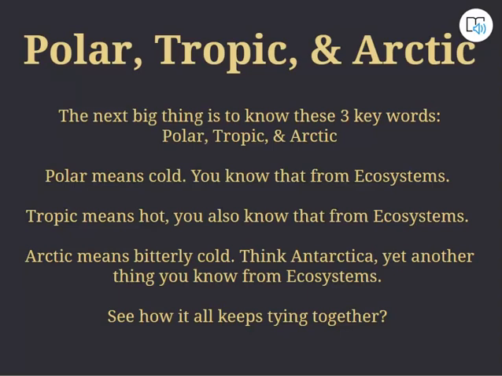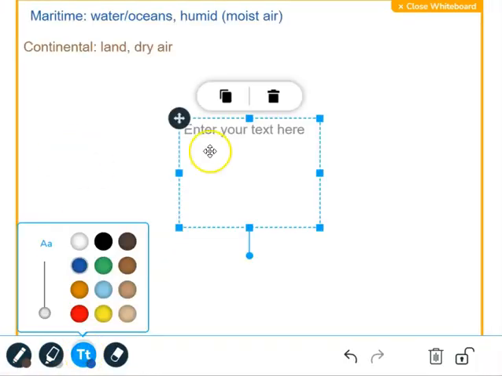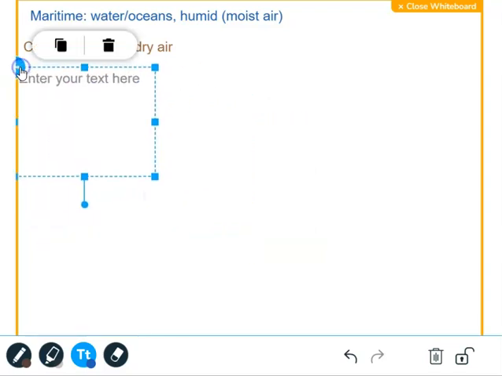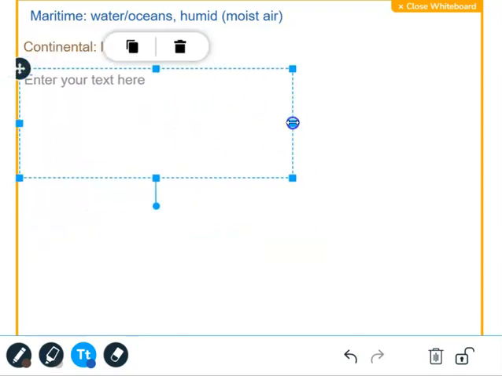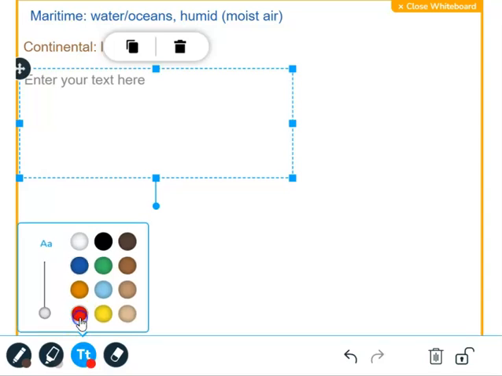If I gave you a tropic Lego piece, what does that word tropic make you think of? Warm or hot, right? So I'm going to come over here and do this one in red because we just said it's hot. So I'm going to change my color to red. If you don't have the pens to do this, do not stress it.